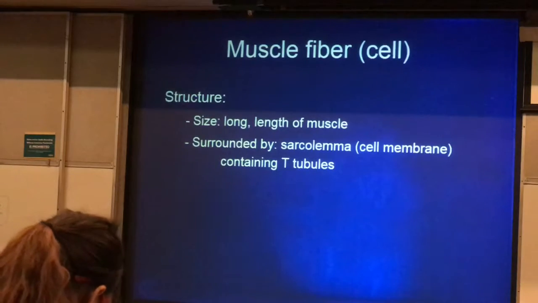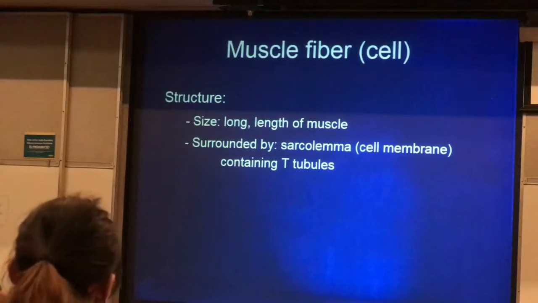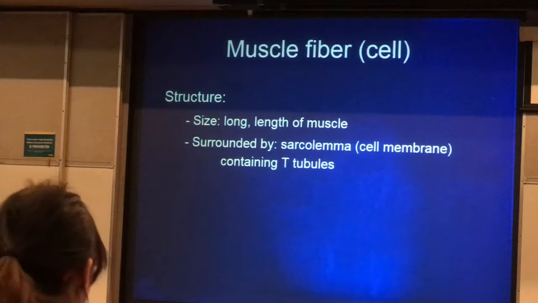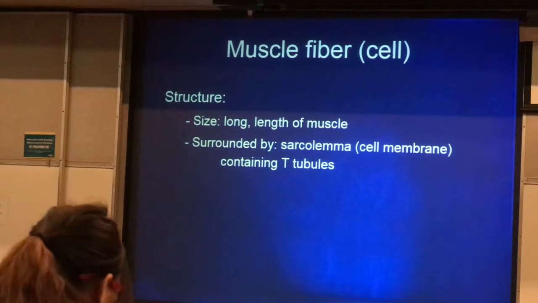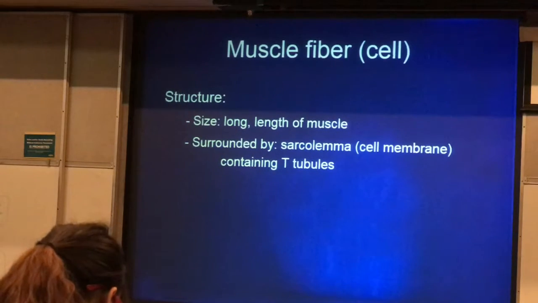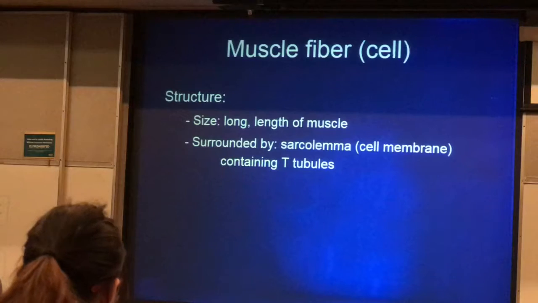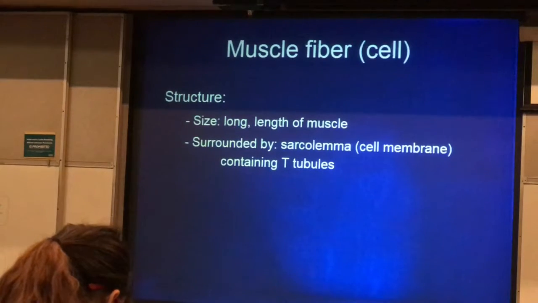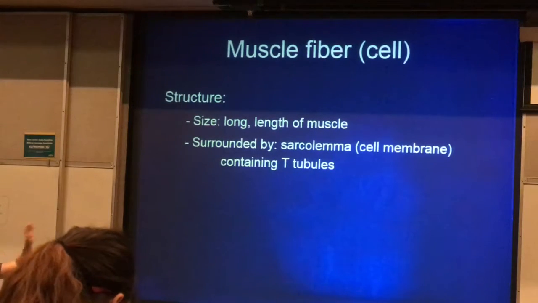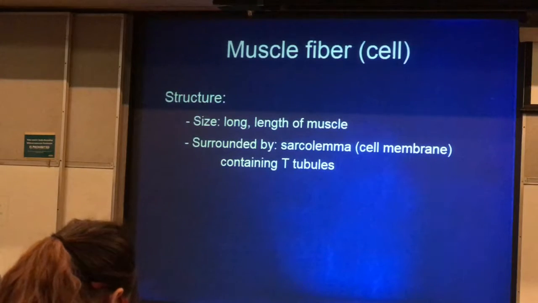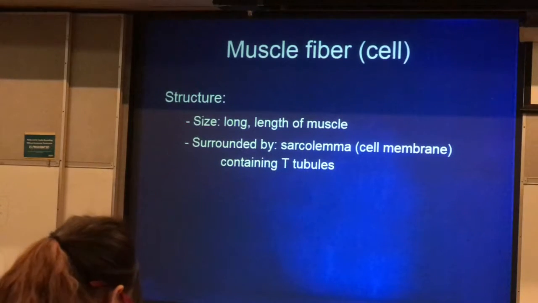It's also going to be surrounded by something called the sarcolemma. A lot of times students get a little confused here because they're like, wait, I thought it was surrounded by endomysium. Yes, your muscle fiber is surrounded by endomysium. That is connective tissue. The sarcolemma is just another name for the cell membrane.